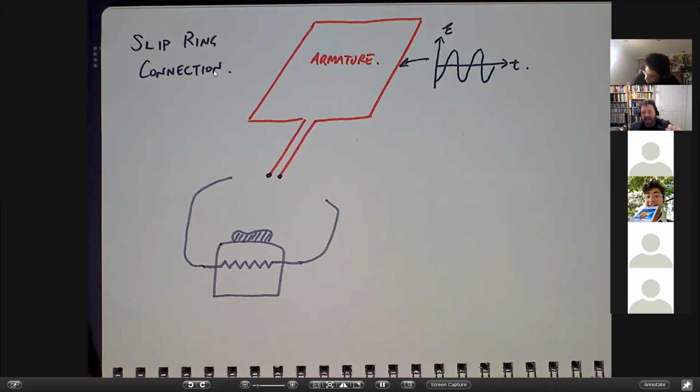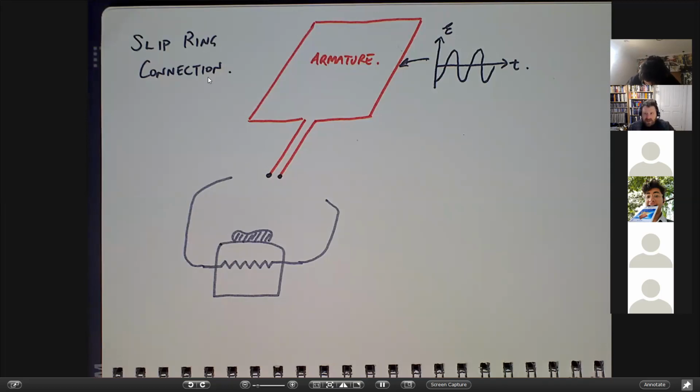The nice way to make it clear that you know what you're talking about is to always call the split ring for DC a commutator. For this one, just don't use the word commutator. Okay? Okay. So here's what we do.